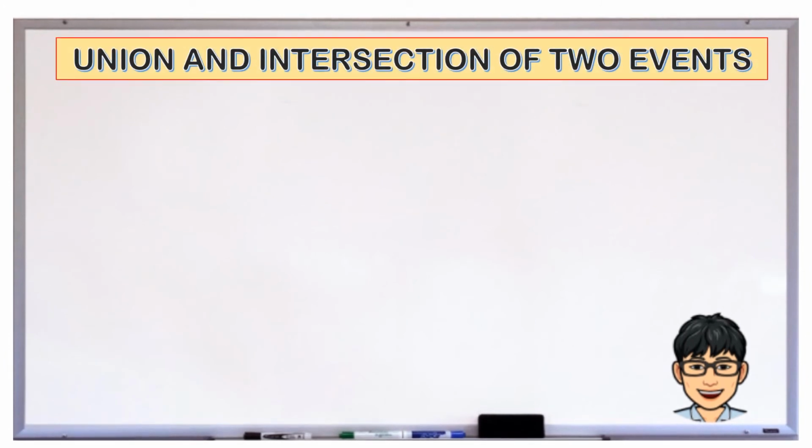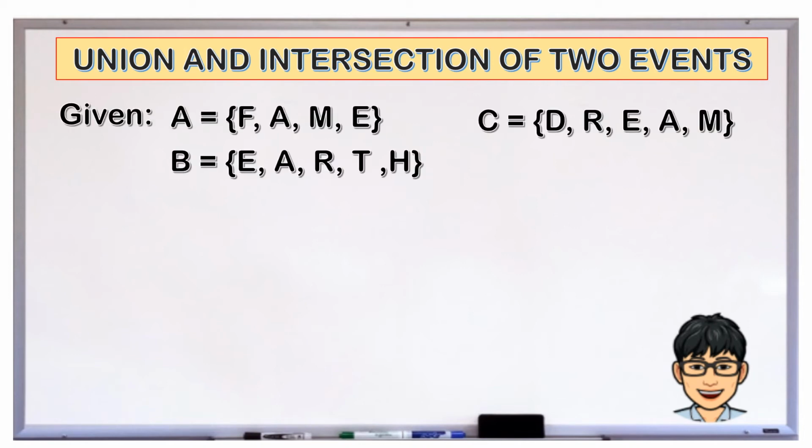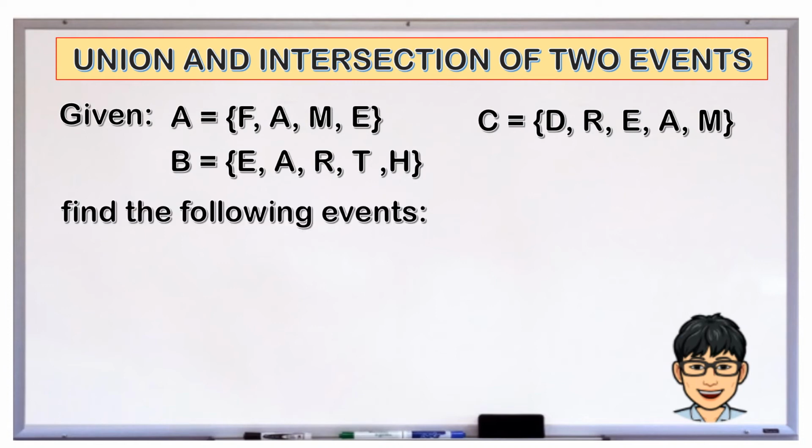Now let us try to answer the following exercises. Given event A with elements FAME, event B with elements EARTH, and event C with elements DREAM. Find the following events.